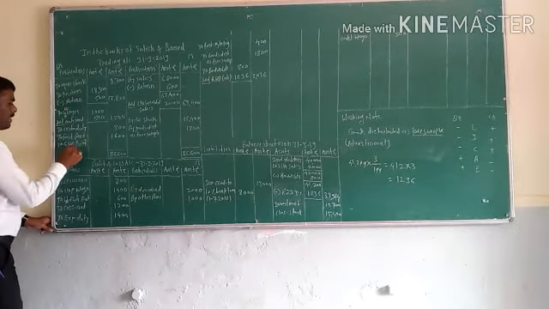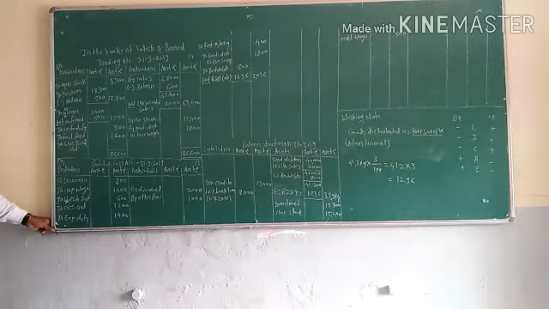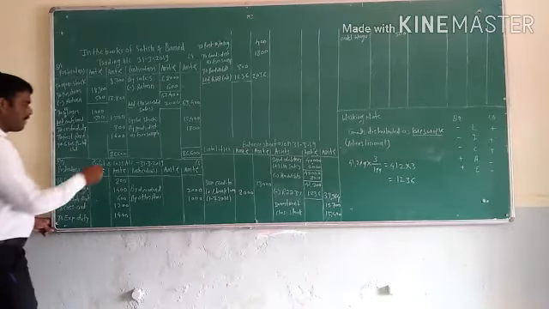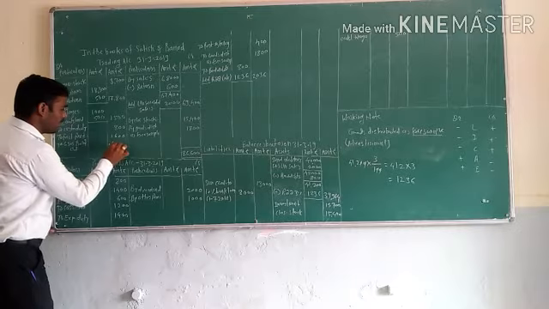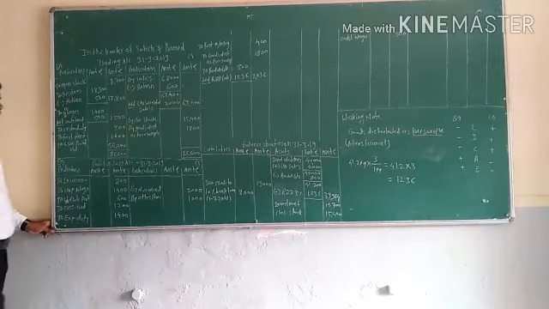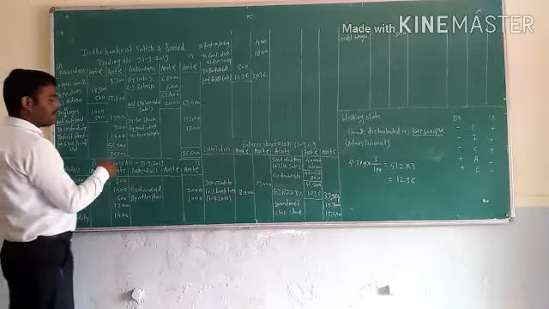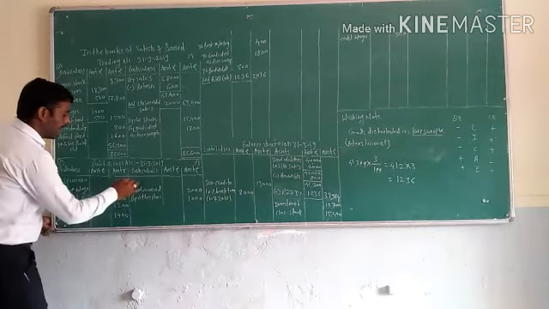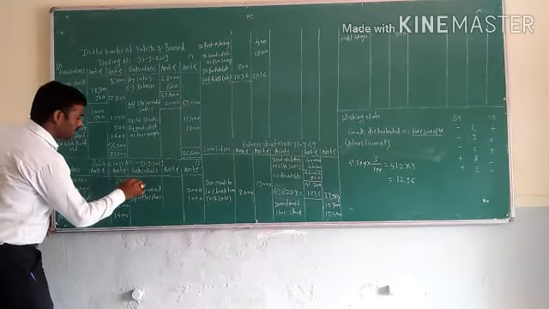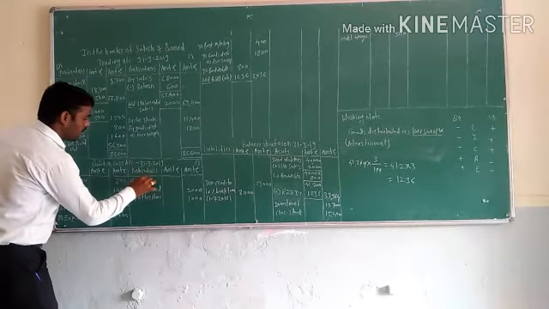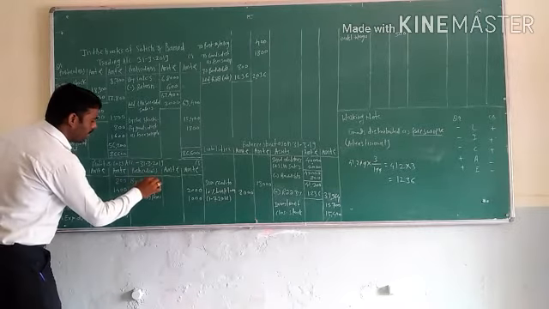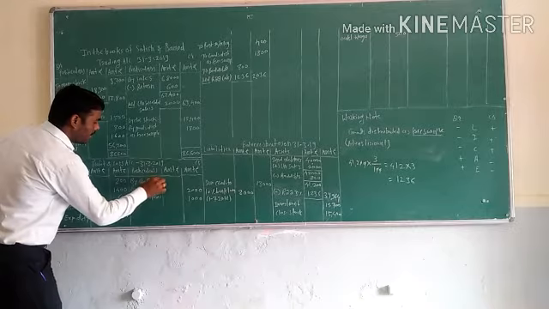Gross profit carried down, and the gross profit is 56,200. This is the first effect. Then the second effect is the profit and loss account credit side by gross profit brought down.